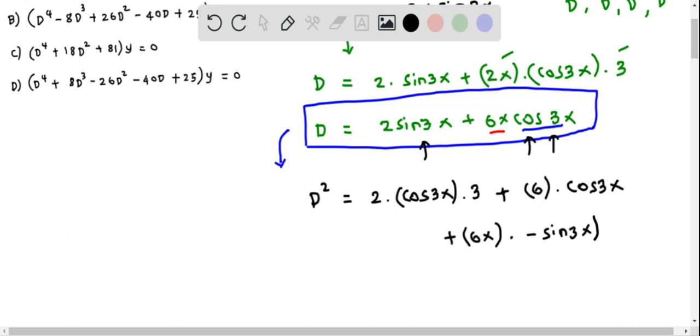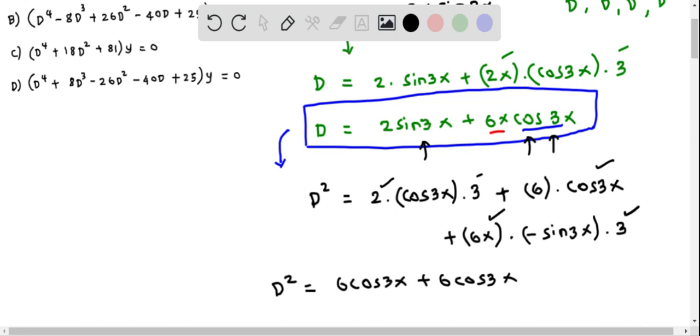Then applying the chain rule, differentiating 3x gives 3. So we simplify: D2 equals 2 times 3 is 6 cos 3x, plus 6 cos 3x, and 6x times 3 is 18x, so negative 18x sine 3x.